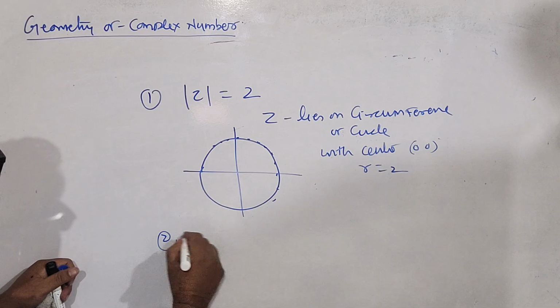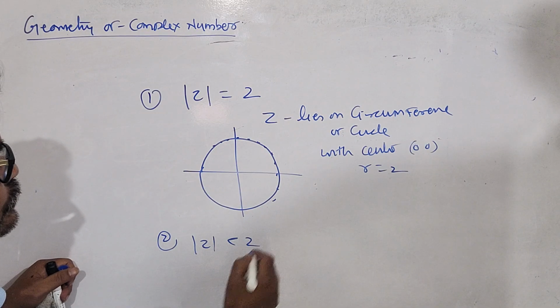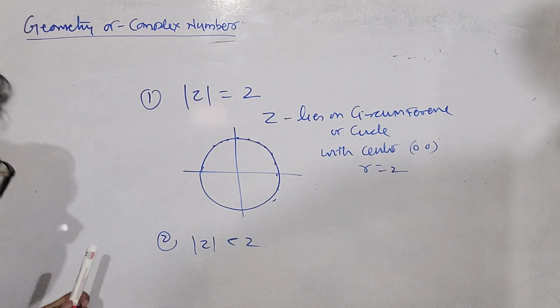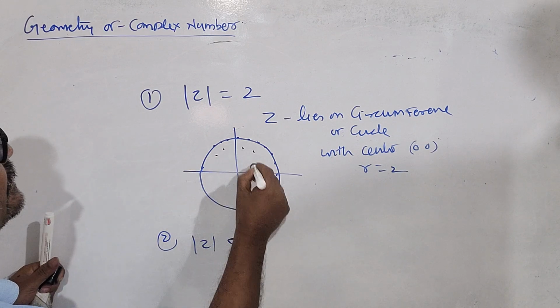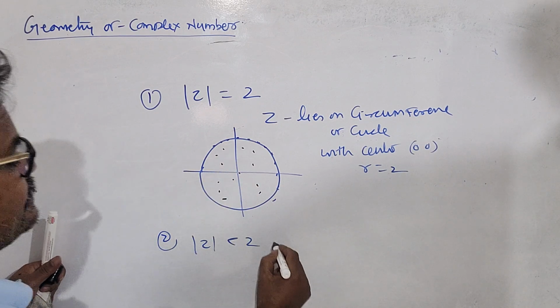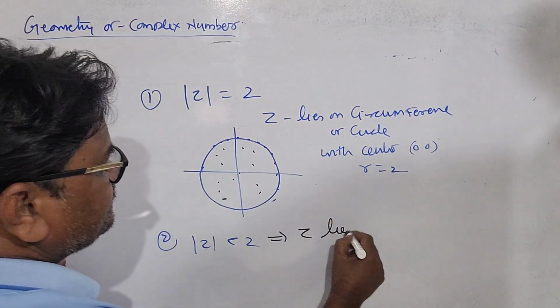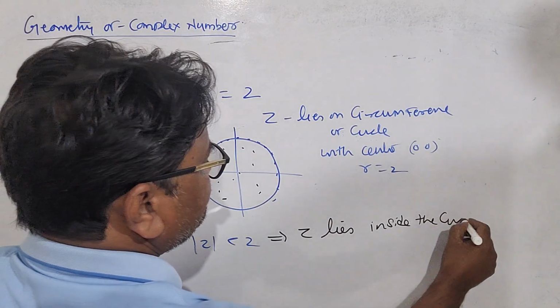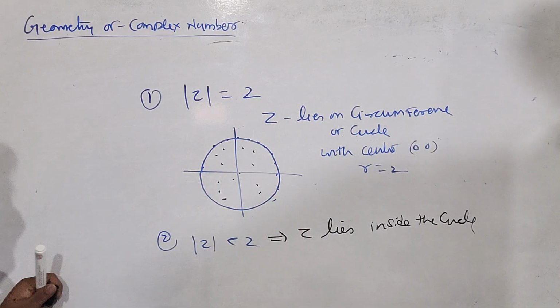And suppose I say that modulus of z is less than 2, then z lies inside the circle. z lies over here, here, here. So this shows that z lies inside the circle. Which circle? Circle with center 0 comma 0, radius 2.